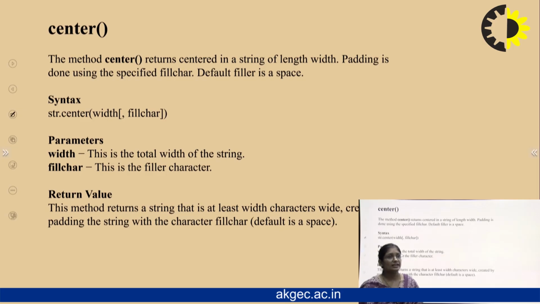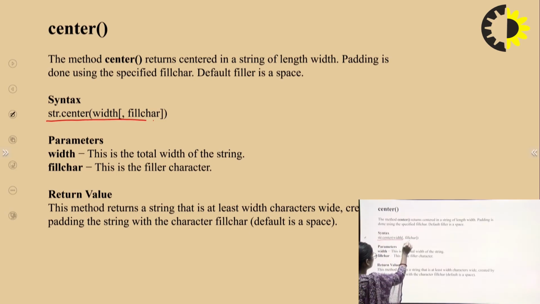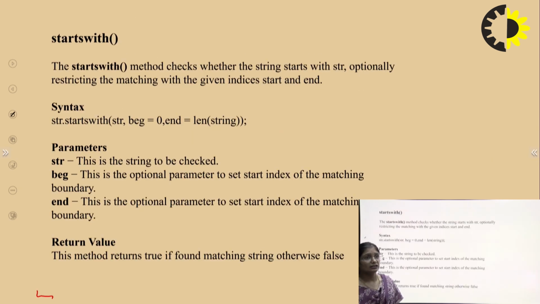Now the center method returns the string centered in a string of the given width. Padding is done using the specified fill character. The default filler is a space. Here you have to write string.center(width, fillchar). Now startswith.